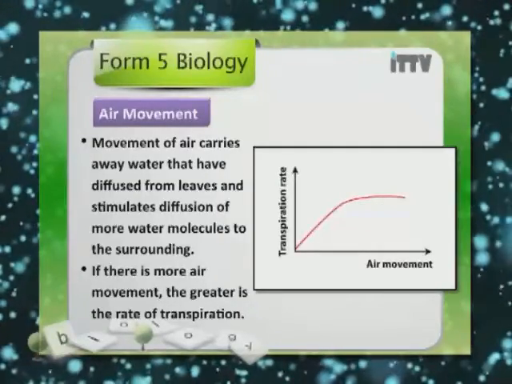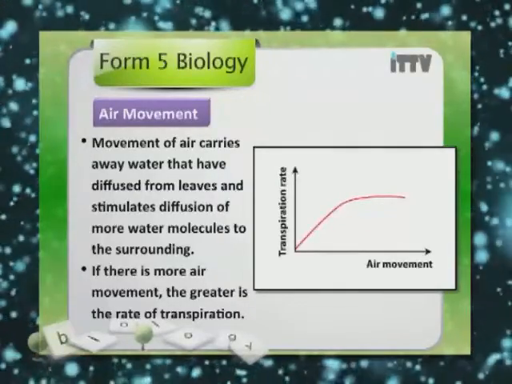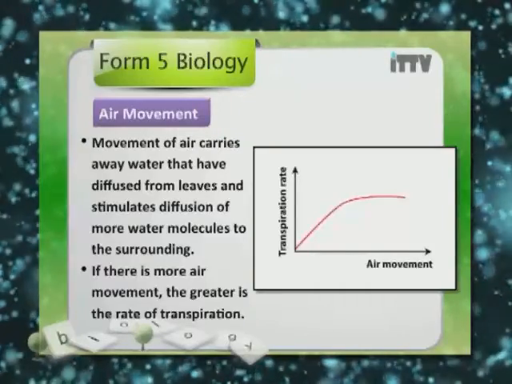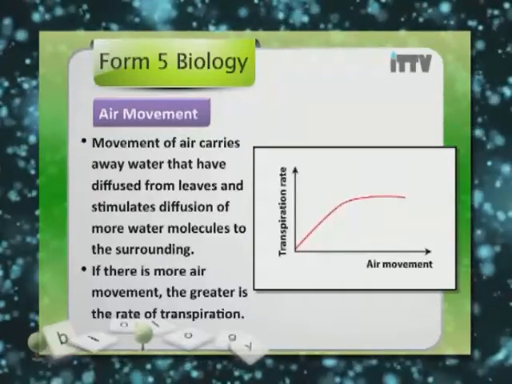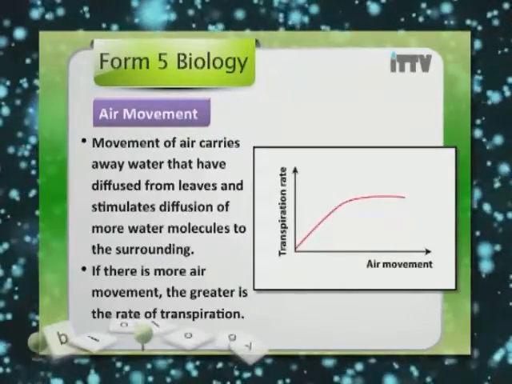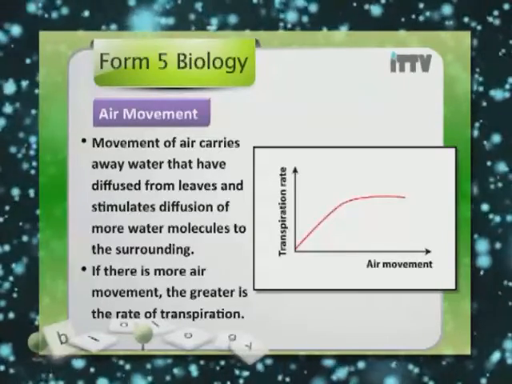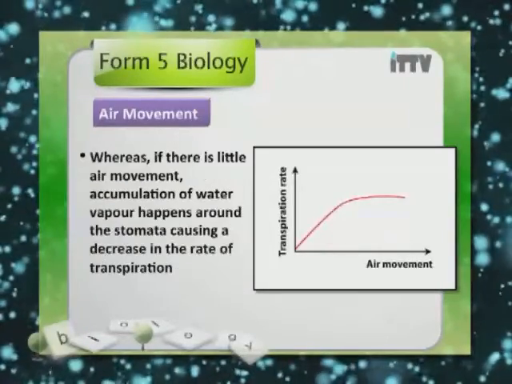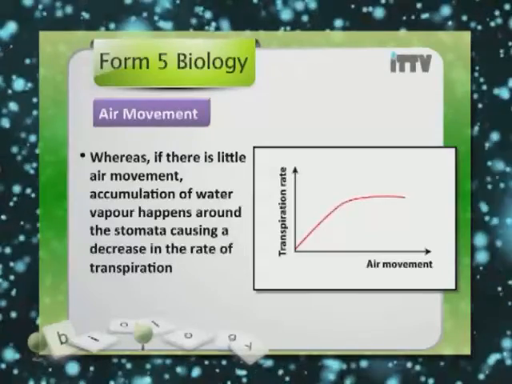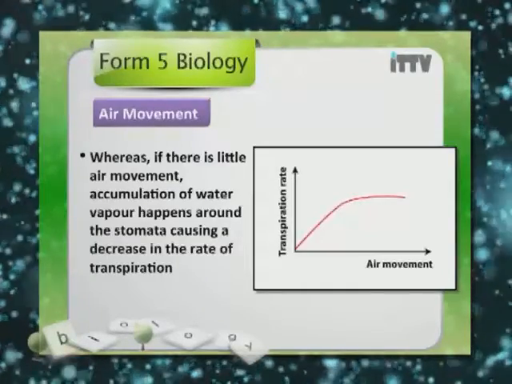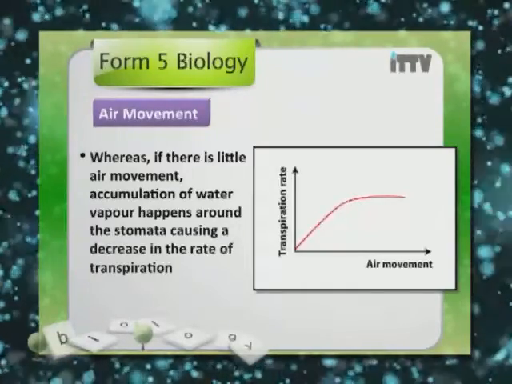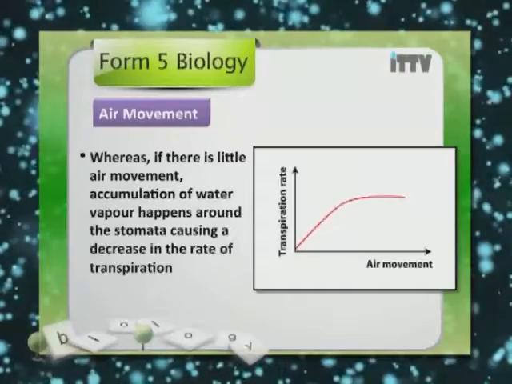The movement of air carries away water that have diffused from leaves and stimulates diffusion of more water molecules to the surrounding. If there is more air movement, the greater the rate of transpiration. Whereas, if there is little air movement, accumulation of water vapor happens around the stomata, causing a decrease in the rate of transpiration.